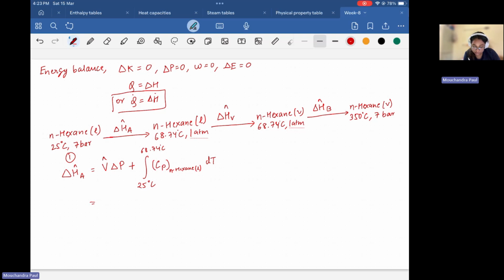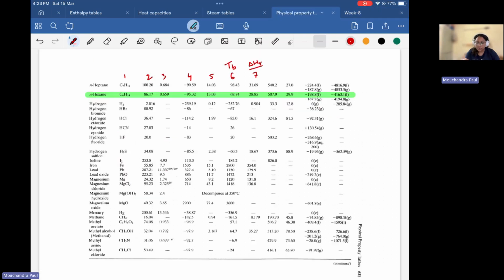Delta P here is 1 atm. 1 atm corresponds to 1.0131 bar. So 1.013 bar minus 7. And the value we had is 0.659, which is your density.